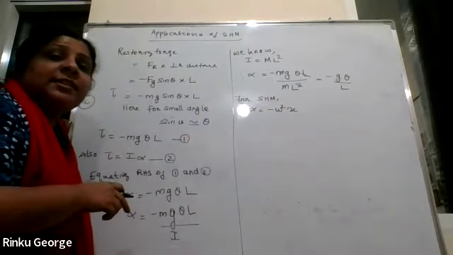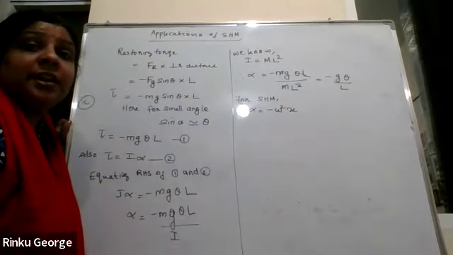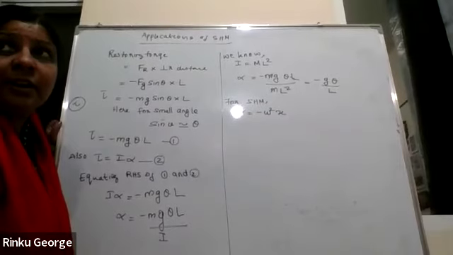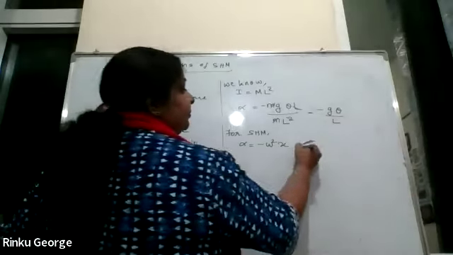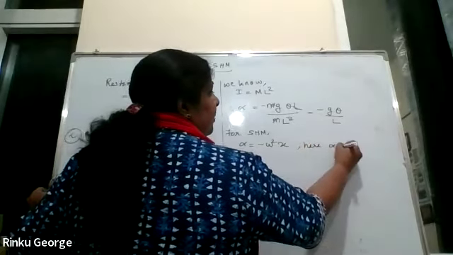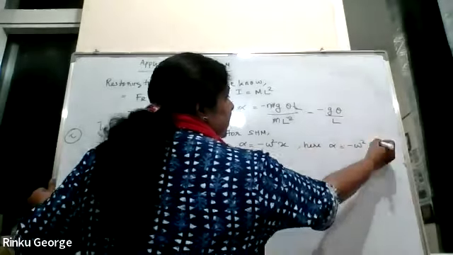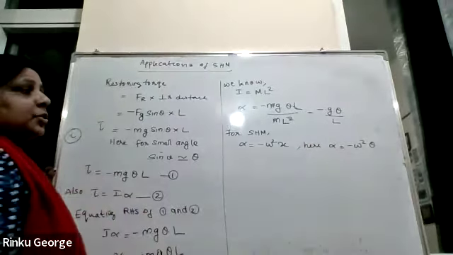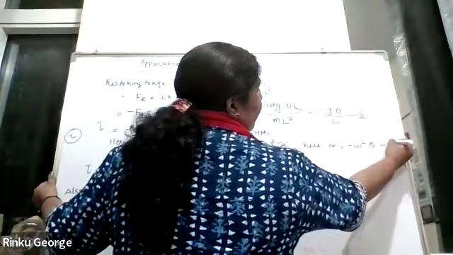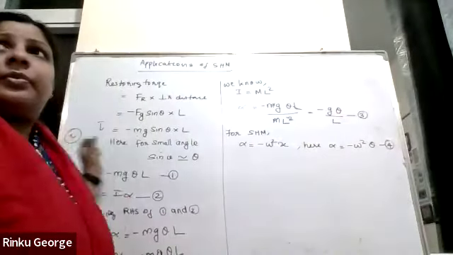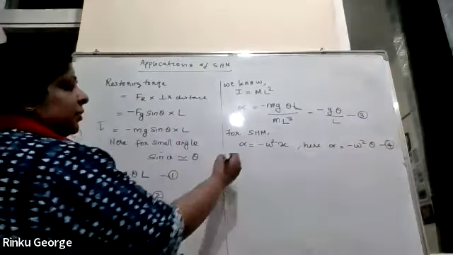Here, what is x? Theta, displacement, right? Here, x is theta. So alpha will be minus omega square theta. Now you can equate the RHS of 3 and 4.